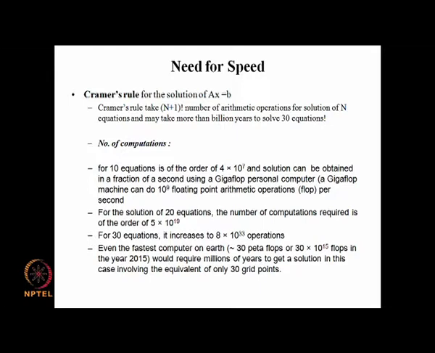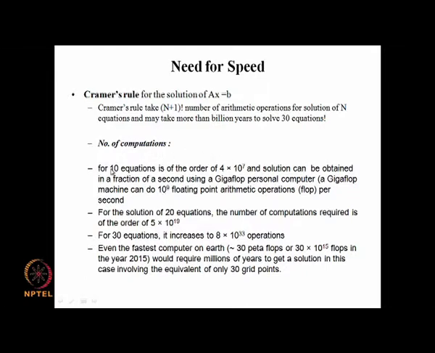For example, you can have a gigaflop personal computer. A 1 gigaflop is a machine which can do 10 to the power 9 floating point operations per second. Floating point operations are arithmetic operations like division and multiplication, and it can do 10 to the power 9, 1 billion of them per second.